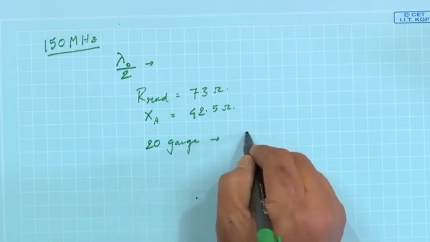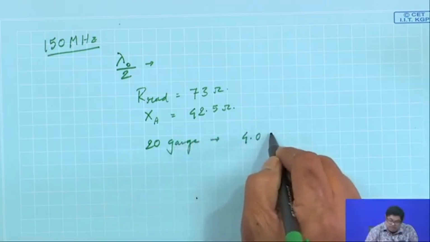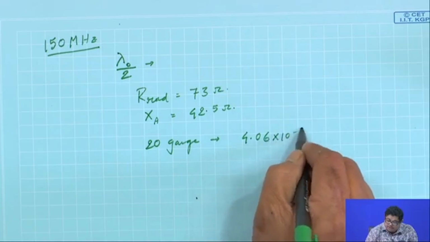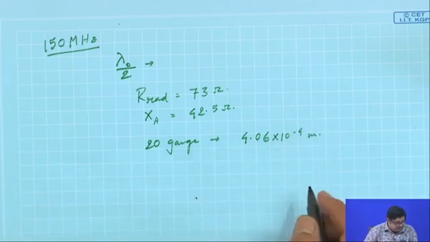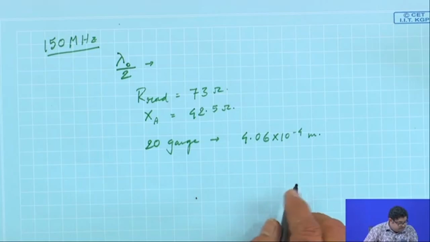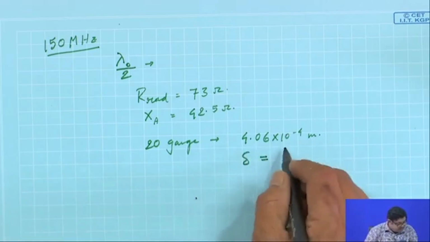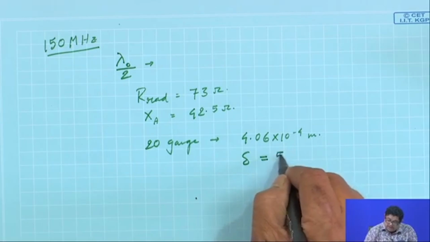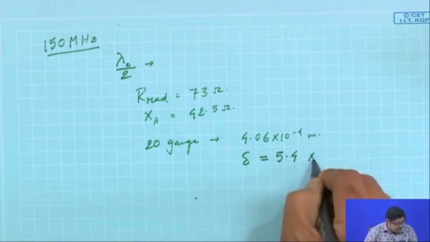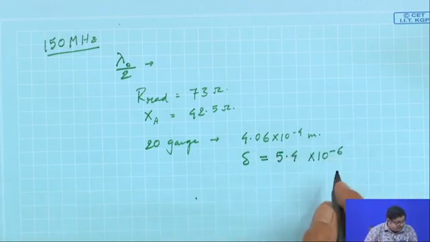So, that radius turns out to be 4.06 × 10^-4 meter, and then we can find out the skin depth. If you do this, you know all the values for skin depth.